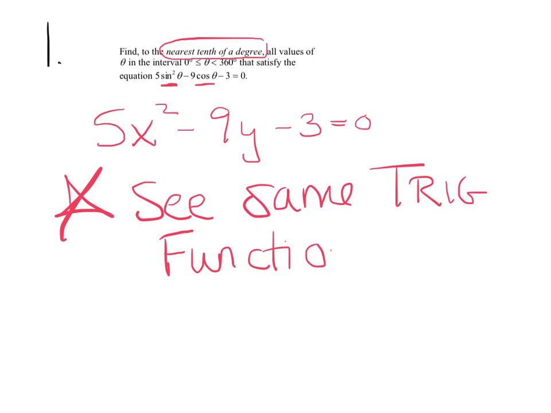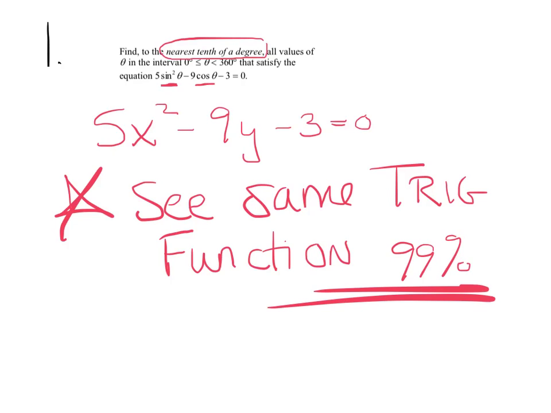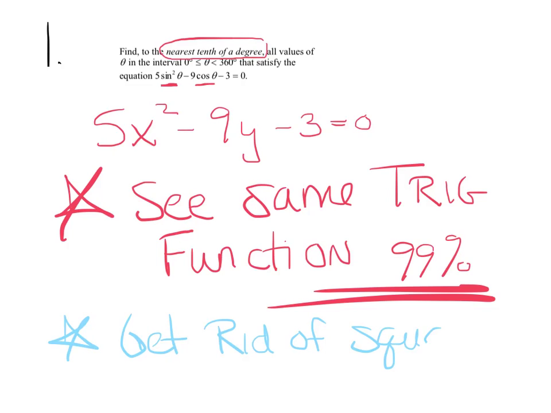I'm just going to say 99% of the time. It's not all the time, but it is 99% of the time you need to see the same trig function. So my goal is to get rid of one of them. The other thing I like to do is get rid of the squared term. So out of the two, I'm going to get rid of the squared term.